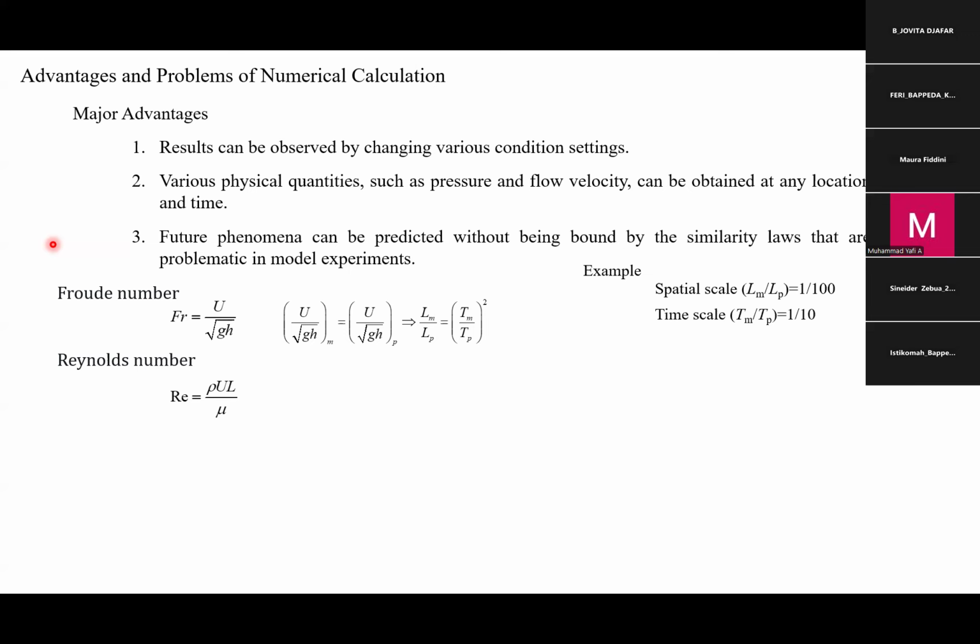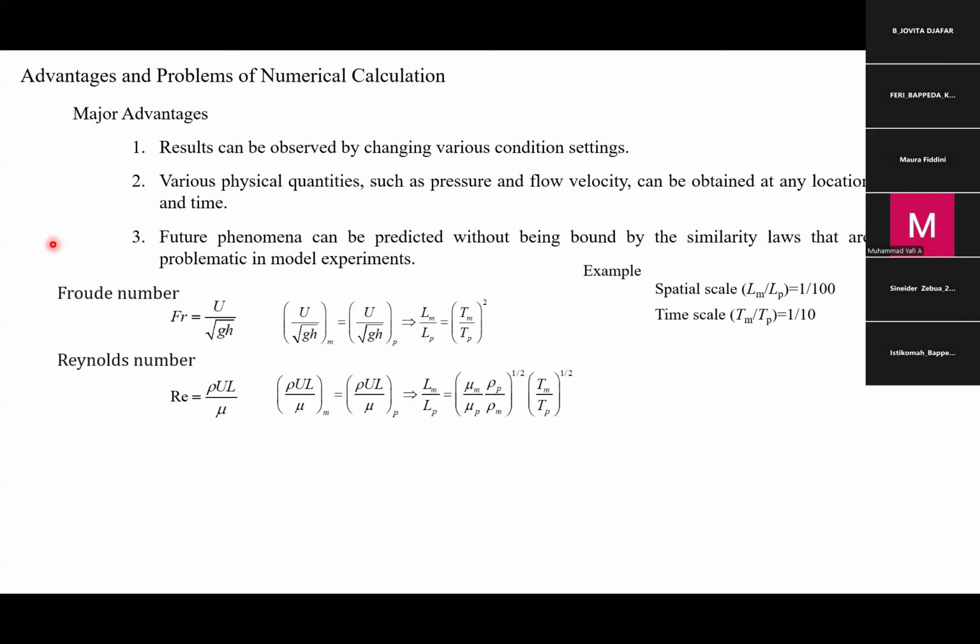So under this spatial scale, the time scale becomes 1 to 10. Okay, this is an example of the similarity laws. So the Froude number is sometimes used in physical experiments in which the gravity force is dominant.